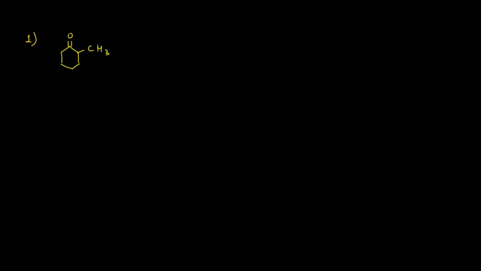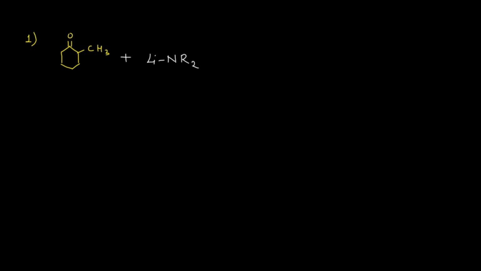Okay, and let me take LDA first. So LDA means I am taking this lithium, nitrogen, and I am writing R2 instead of the isopropyl group. So what will happen in that case? Again, it's quite simple for you.